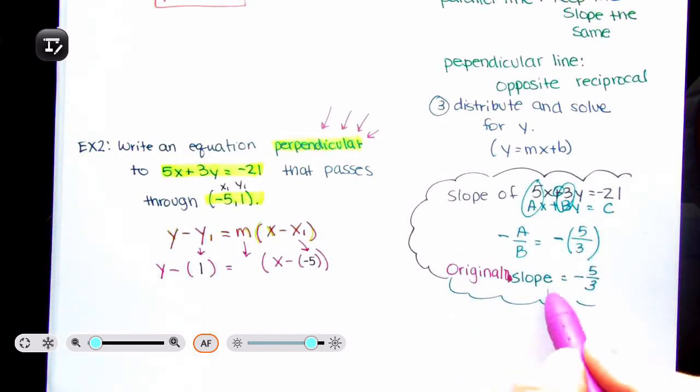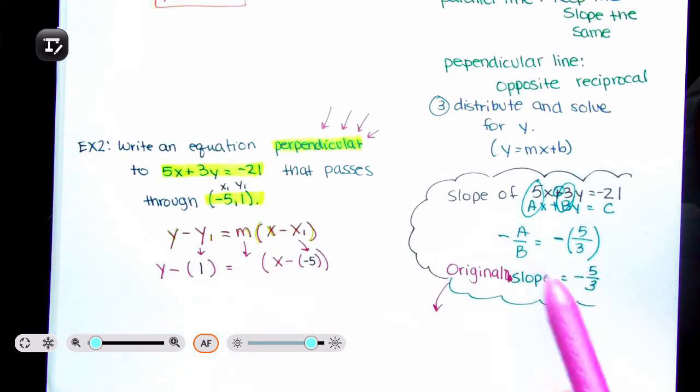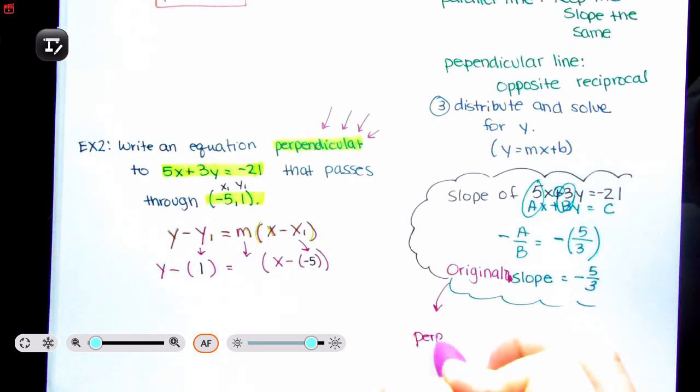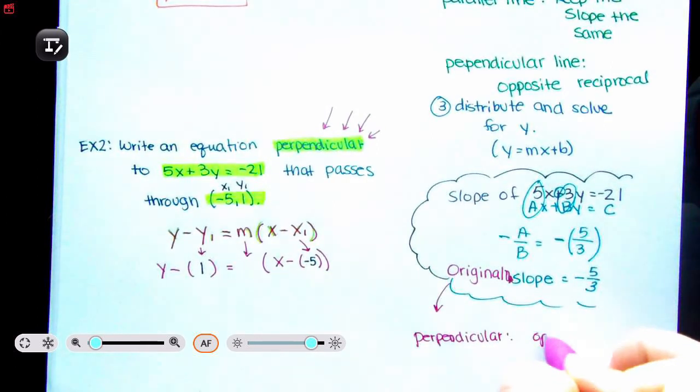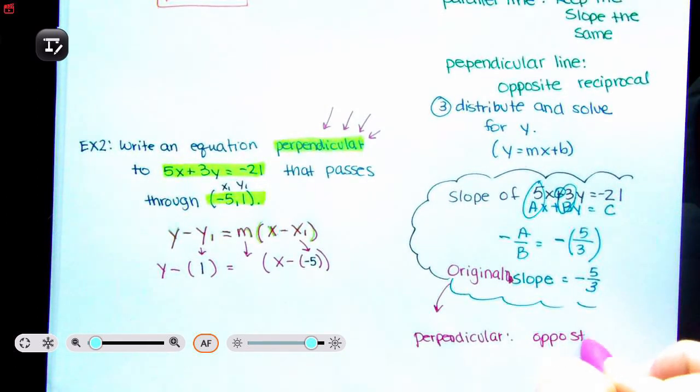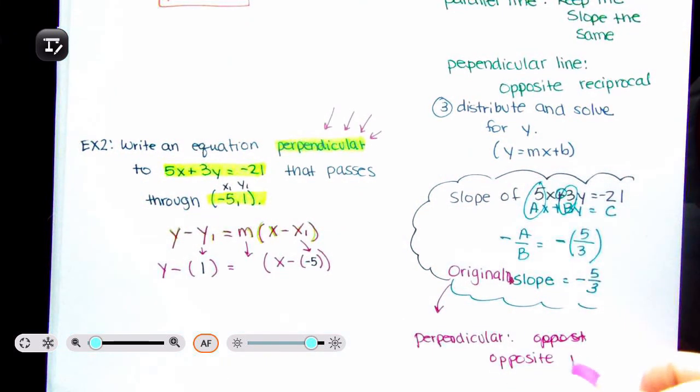So if this is our original slope, we're not going to plug this one in for m, because that's not what we want. We don't want something that's parallel. So parallel means same slope. Perpendicular means we want the opposite reciprocal.